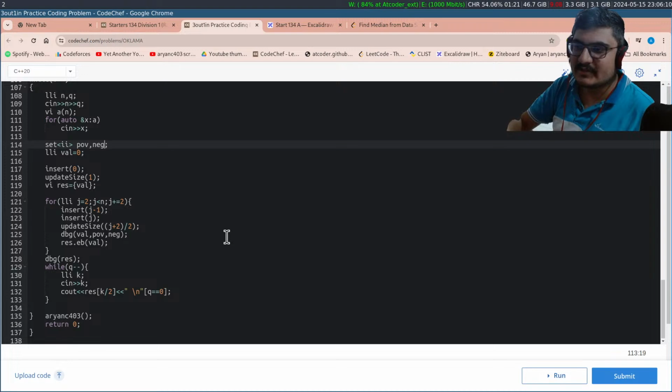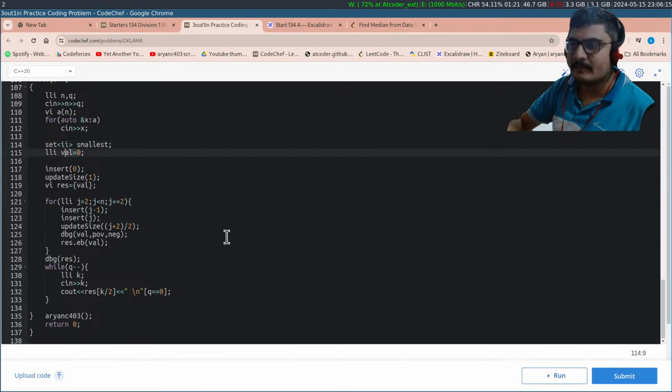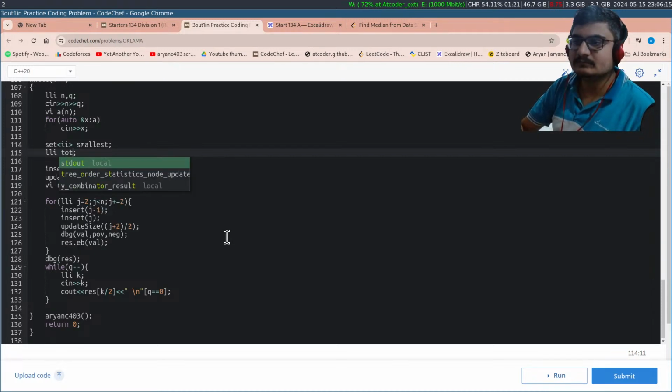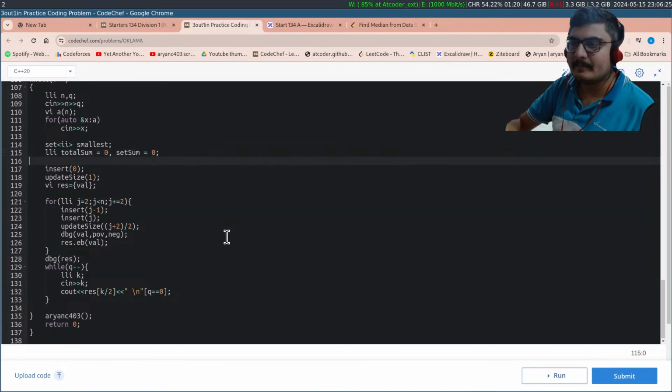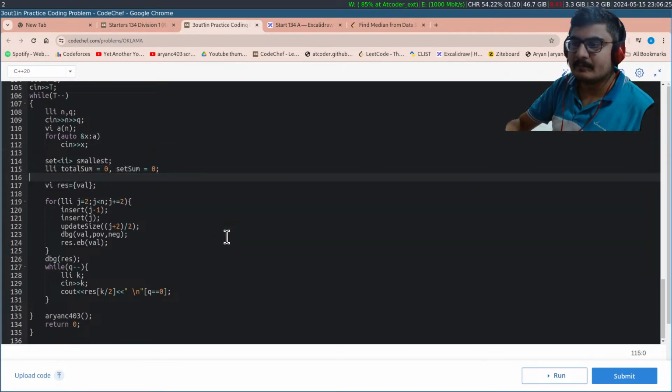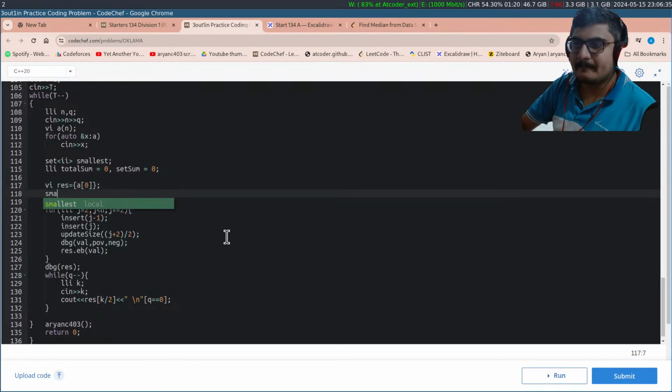I use two keys. And the first value would be whatever is the value of it.